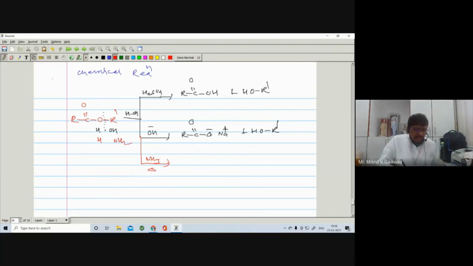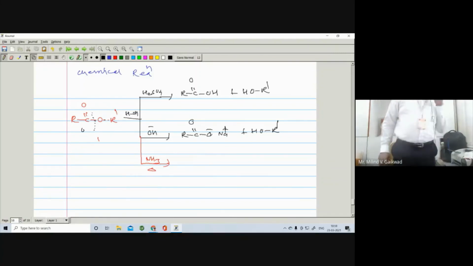So the addition will take place in this way. We can write the addition also like this. Addition of water also you can write like this. Addition of OH, just wait.